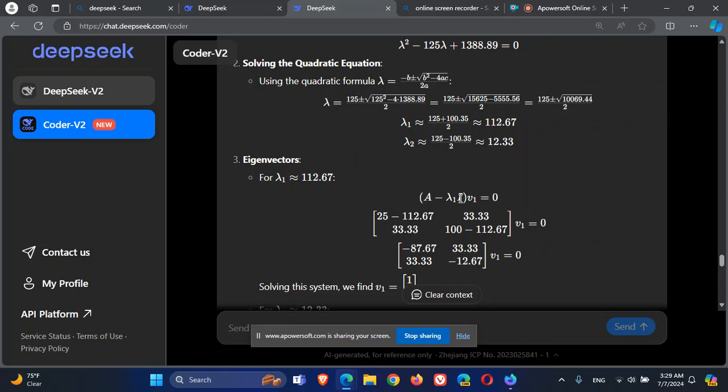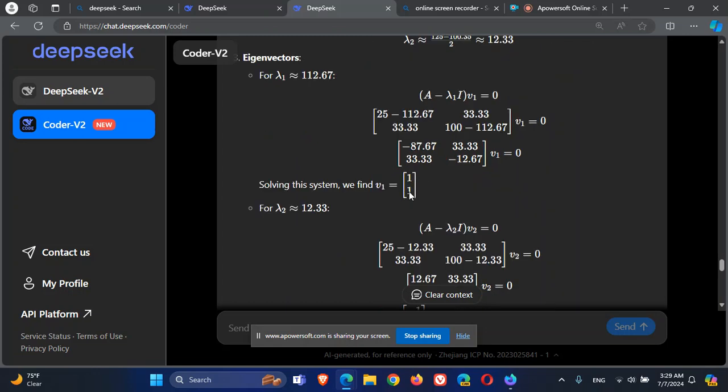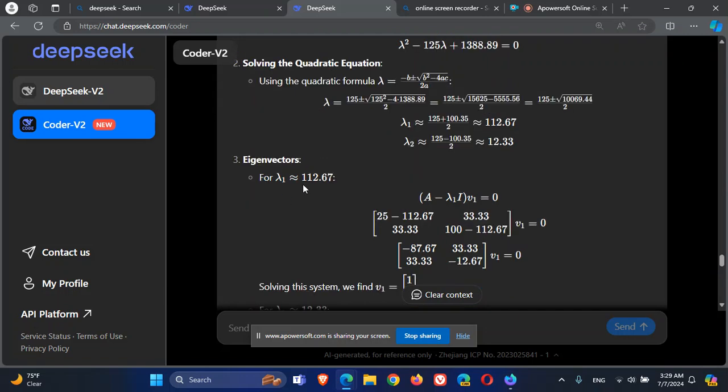So A minus the eigenvalue times the unit matrix will get us this, times the eigenvector v1, equals 0. We are solving this system of linear equations, and we get the result. Again, maybe there are mistakes in the calculation, but it doesn't matter. So this is the result. This is the eigenvector which corresponds to the first eigenvalue, which is also the bigger one.